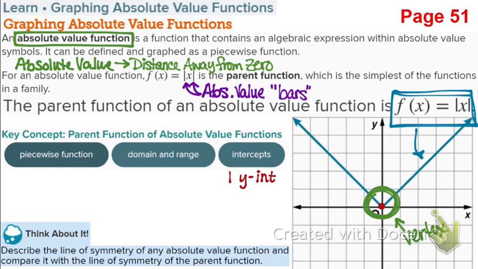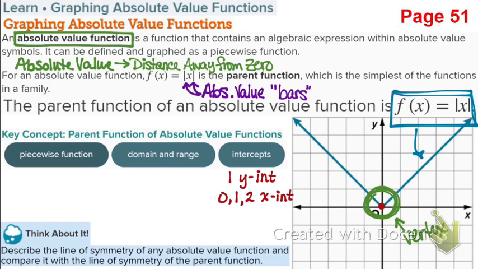For my x-intercepts, if it's been shifted up, it's going to have 0. In this picture, we have how many x-intercepts? 1. Or if I shifted it down, it would have how many? 2. So 0, 1, or 2 x-intercepts. We'll always have a y-intercept, and we will always have only one y-intercept.